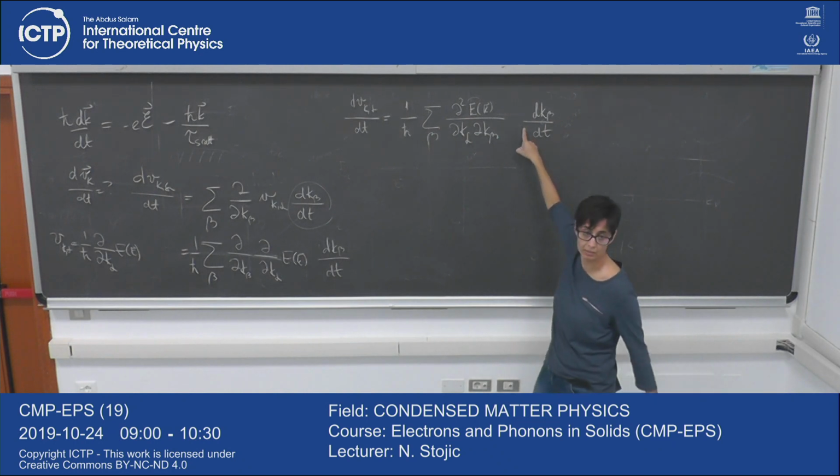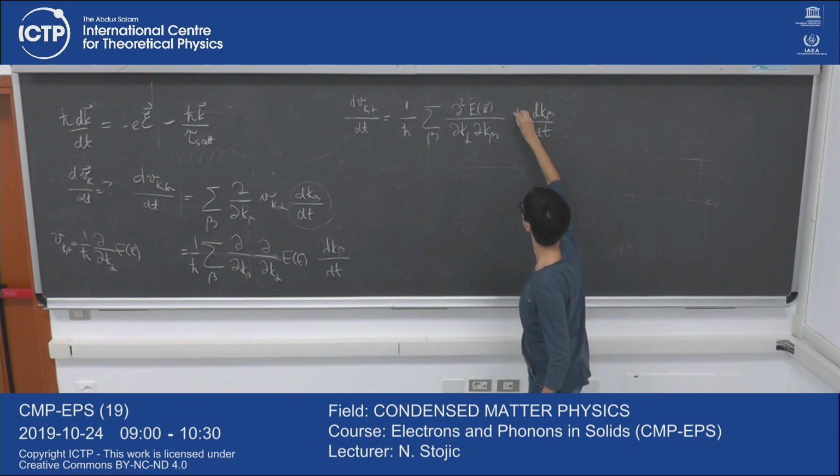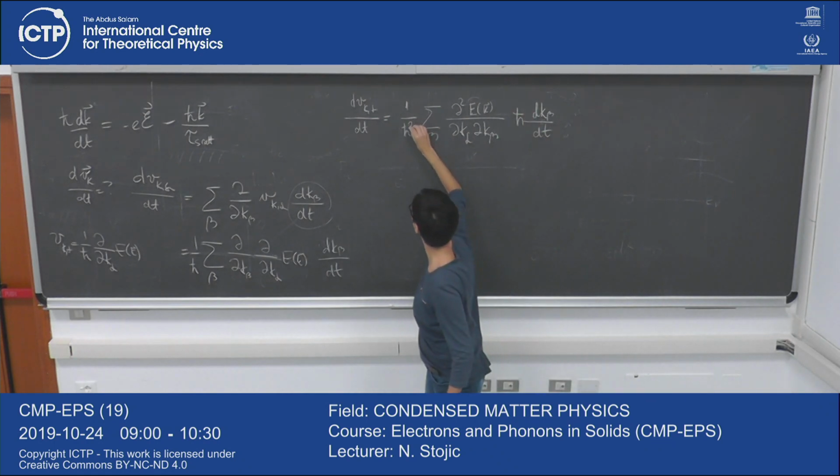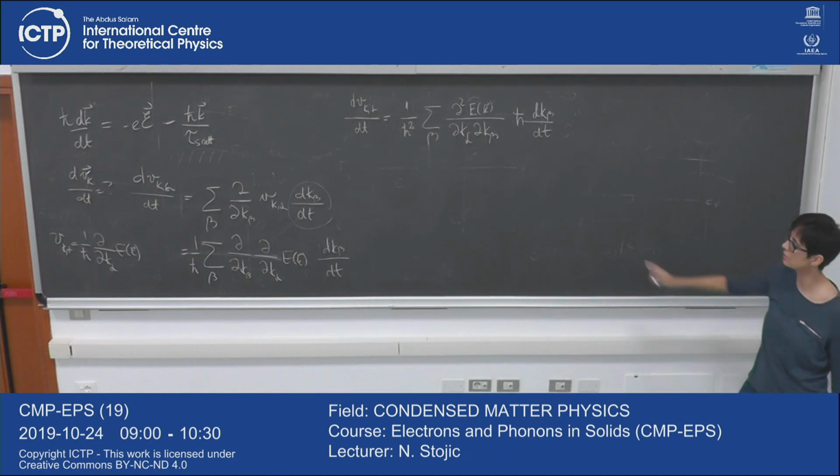I want an h here to get the same thing as there. So I'll write an h, which means I have to take an h, put it in the denominator. This is what we obtained.